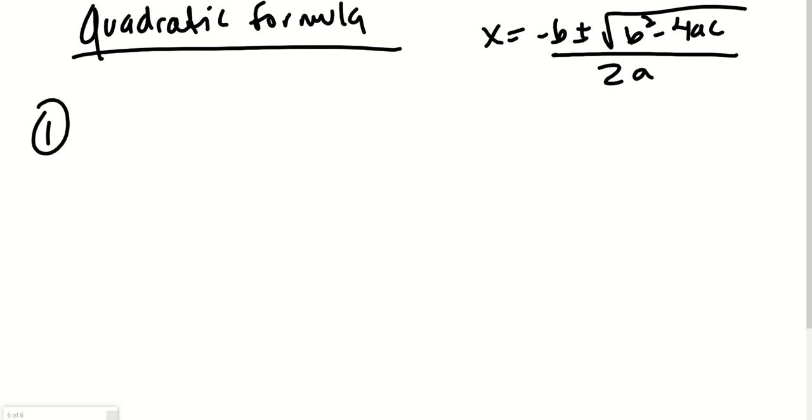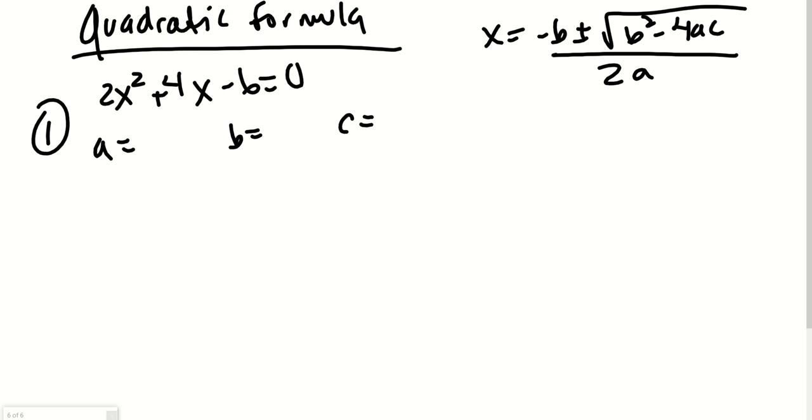So we have 2x squared plus 4x minus 6 equals 0. Okay, so now what's a, what's b, and what's c? So I know a has to be the number in front of x squared, so that's 2. b is 4, and c is negative 6.